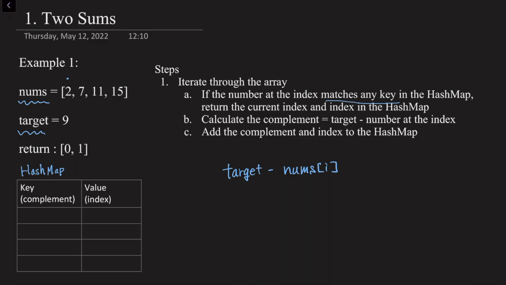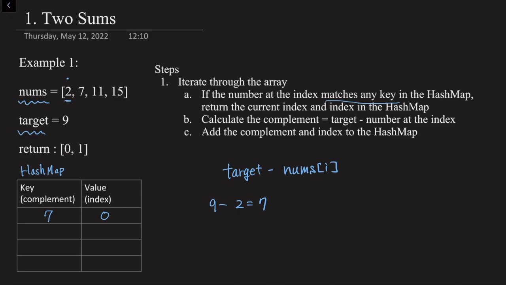Again, the complement would be the target minus nums at i. In this case, nums at i is 2, our target is 9, so the complement would be 7. And next we can add the complement and index to the hash map. So the complement was 7, and the index of this number, we're currently at index 0.